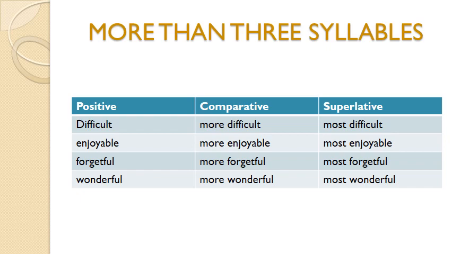Now it's a comparative degree, and for making it a superlative degree, we add most before difficult. It becomes most difficult. Similarly, enjoyable. More enjoyable, most enjoyable. More and most are added just before these words. Forgetful. More forgetful, most forgetful. Wonderful.